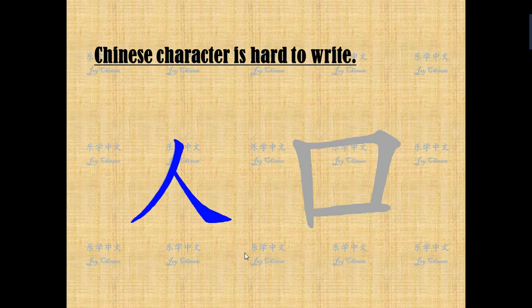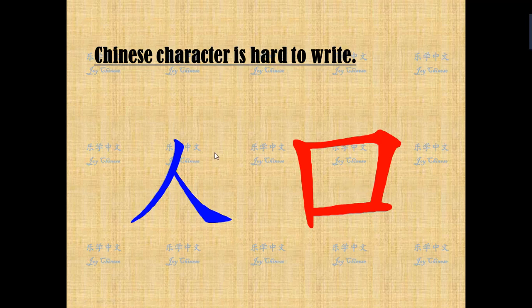It's easy. For the next one, this mouth. Okay, you start with the horizontal one, next one, then the third one. If you learn how to write these and these, it's not going to be hard for you to combine them together to make the third character, right?